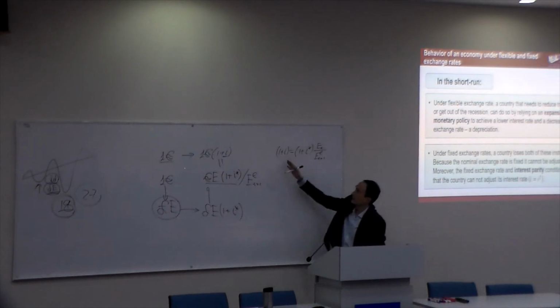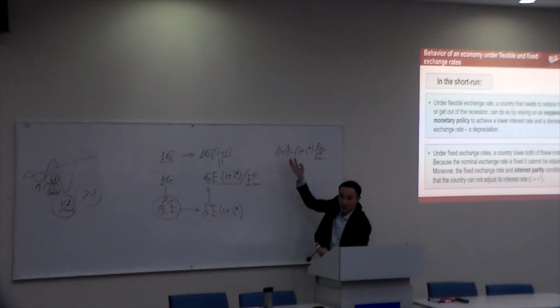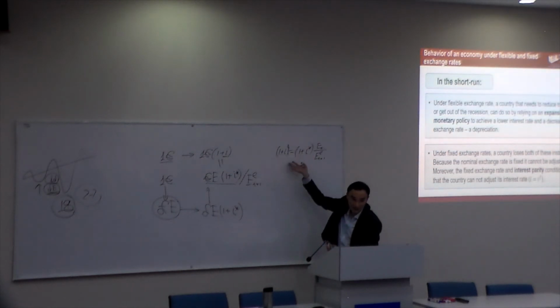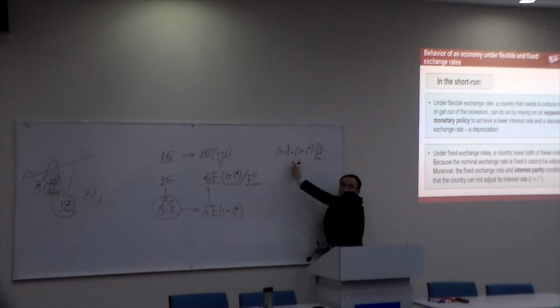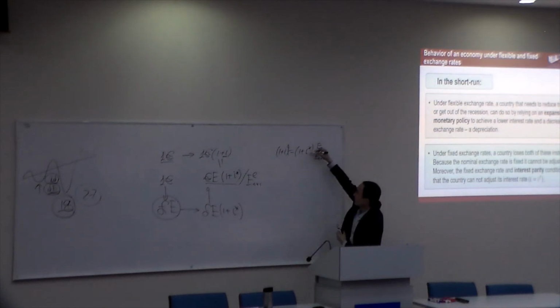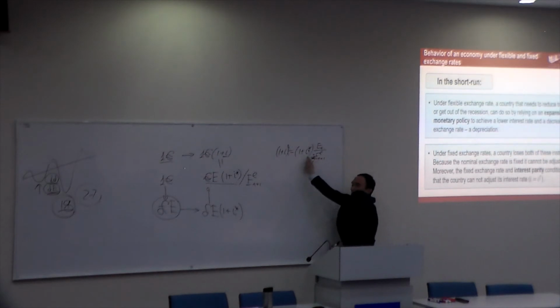So in this case, if the domestic interest rate is high, investors will be willing to invest in the domestic economy. If it's high in a foreign country, they will be willing to invest in the foreign economy.